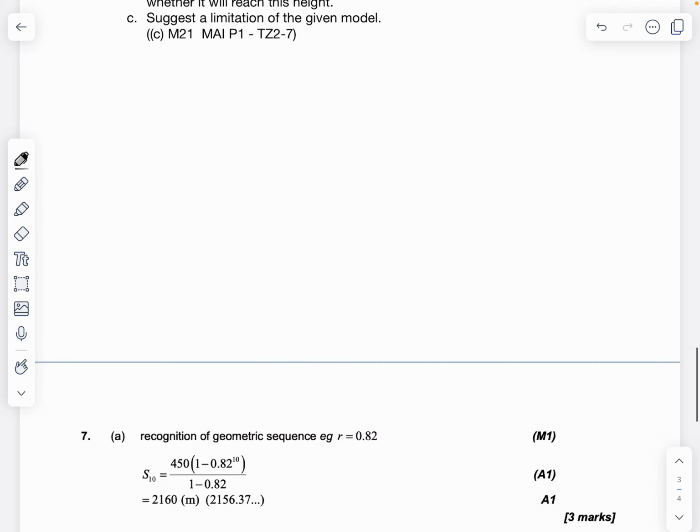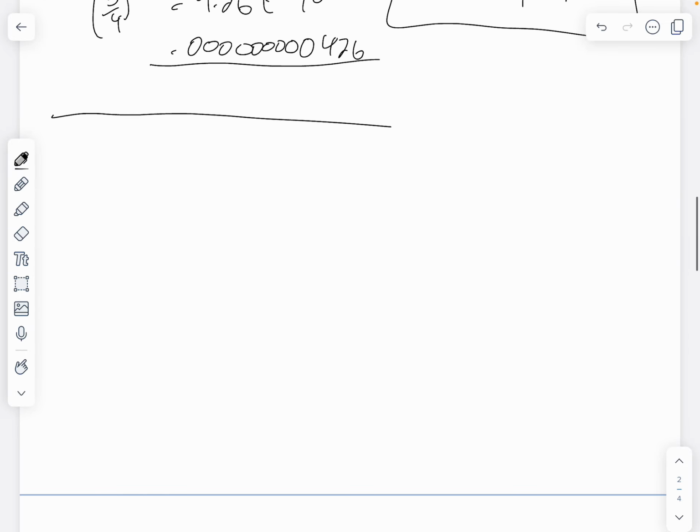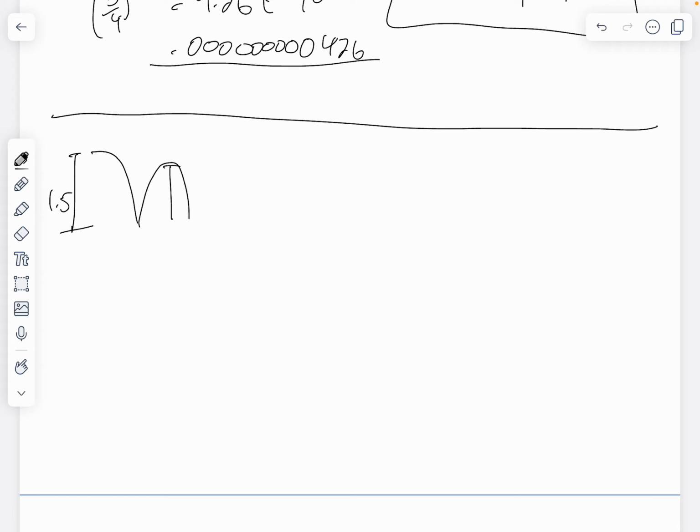Now, I said there's another way you could do it. Here we go. So we have 1.5, then 1.2, then 0.96, and it's going to keep doing this forever. I'm going to ignore the first one and start at 1.2.